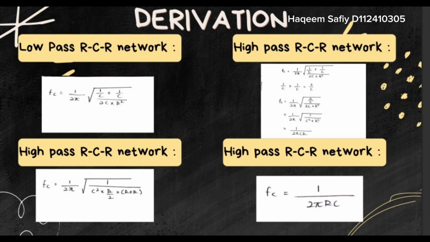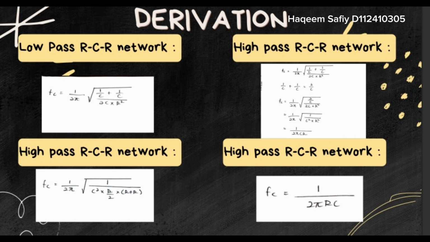So we're going to start with the important formula. First, we have a low pass network and a high pass network, which we combined and it became a twin-T oscillator. First, for the low pass RCR network, we can see the formula started with fc equal to 1 over 2 pi, square root of 1 over C plus 1 over C over 2C multiplied by R squared.